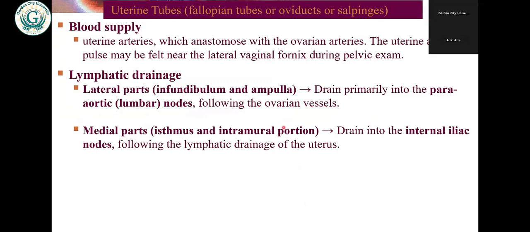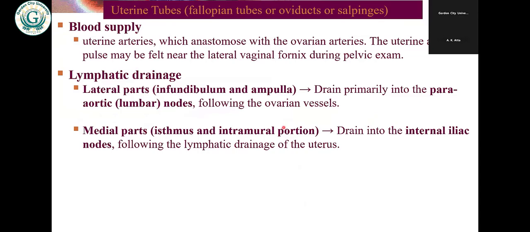For the uterine tube, once again, we touched on the blood supply, so I'm not going to go into that one. The uterine artery and the ovarian artery both supply the uterine tube.